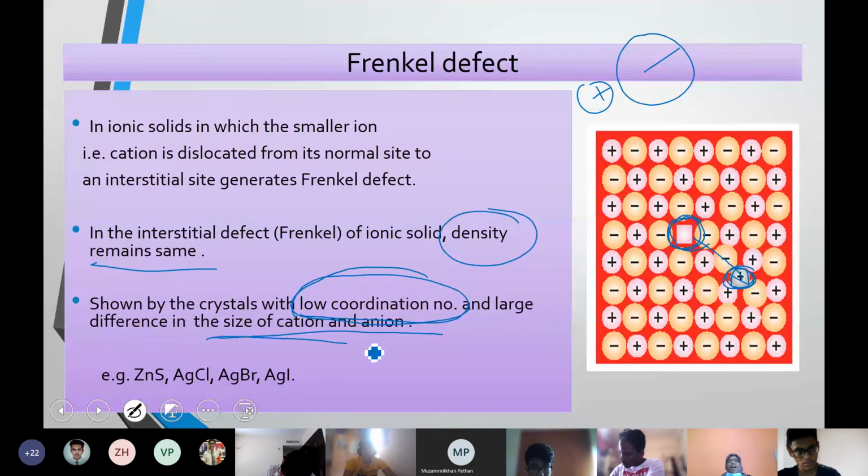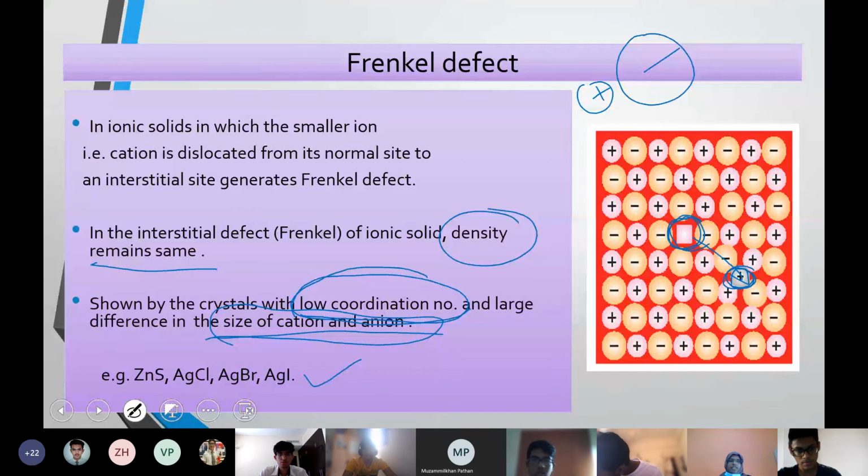And also for anion and cation with a very large difference in their ionic size. So the examples are zinc sulfide, silver chloride, AgBr and AgI. Ma'am, so AgBr shows both the defects.